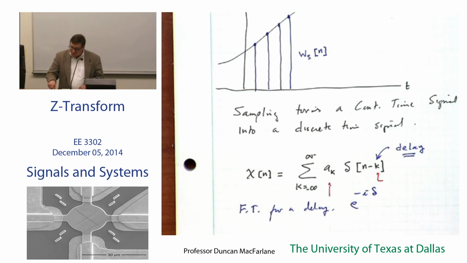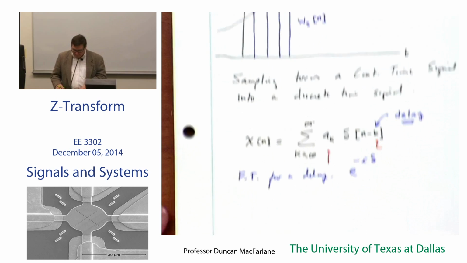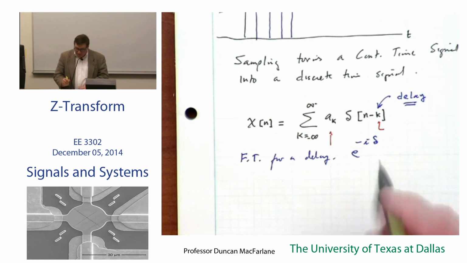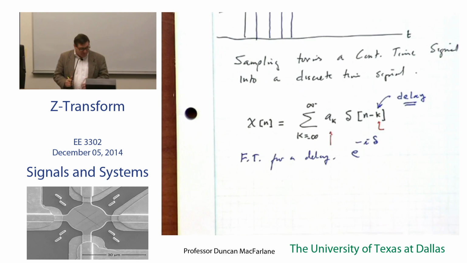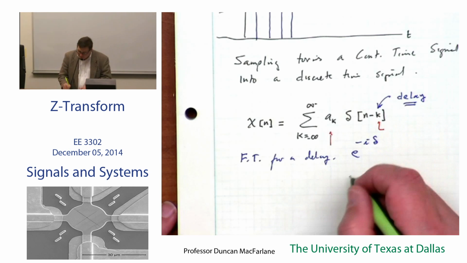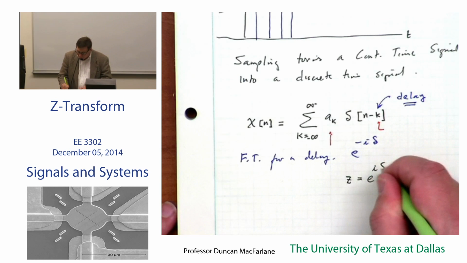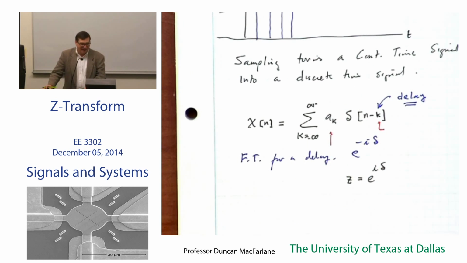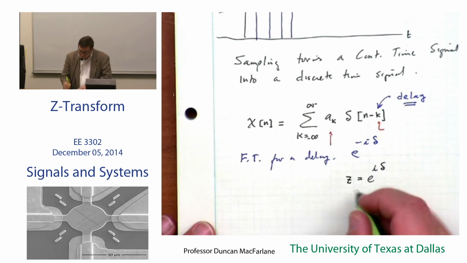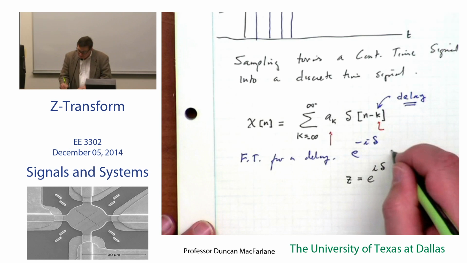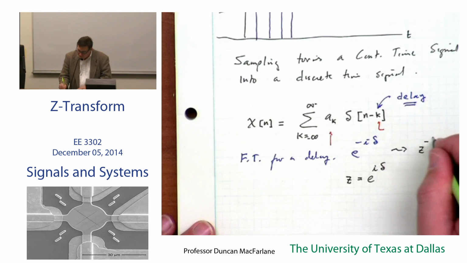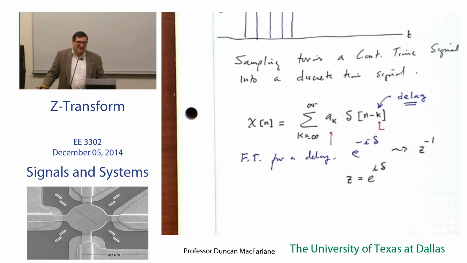So the dirty secret of the Z-transform, probably not as rigorous as most people would do, is you make a small variable change of z equal to e to the i delta. And then the delay term in the Fourier space goes to a z to the minus 1.